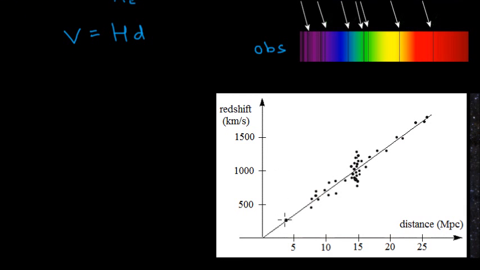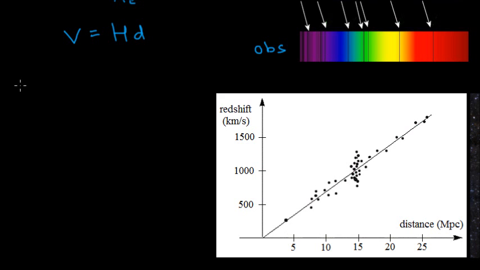Now in this graph, each of these points represents an individual galaxy, and for each of these galaxies we've measured the redshift using the technique that I mentioned up here. So we know how fast it's moving away from us in kilometers per second. And we've also measured the distance to these galaxies in megaparsecs.